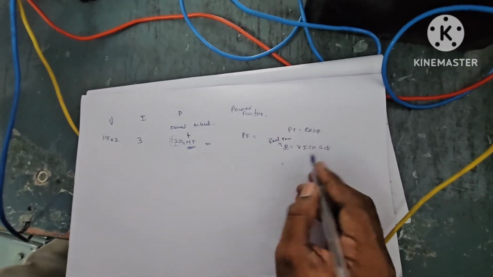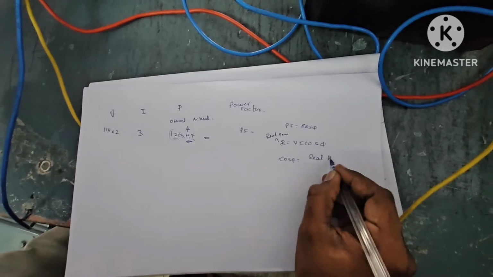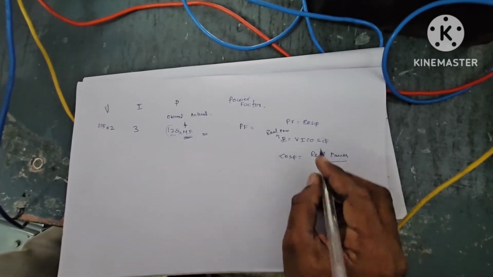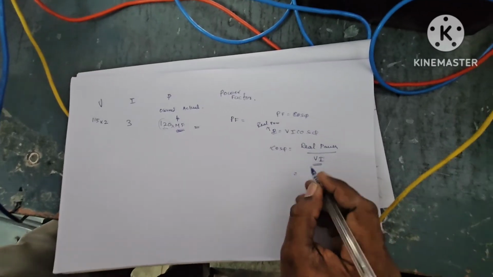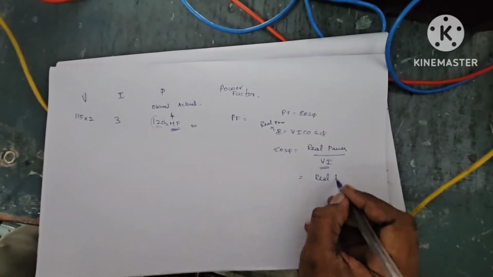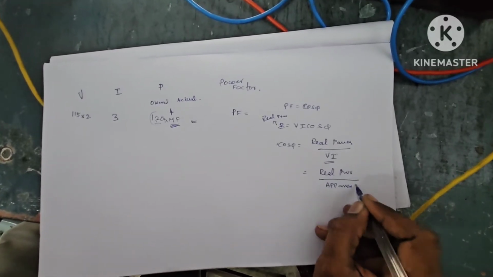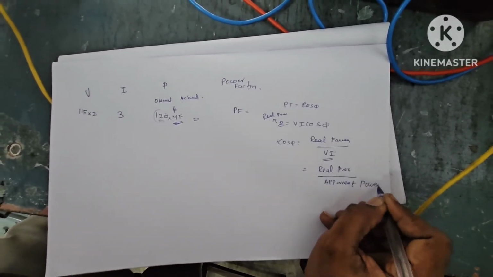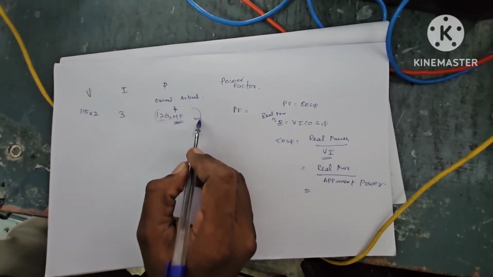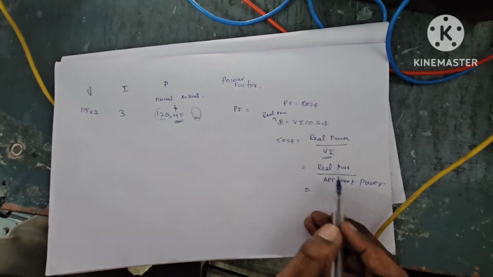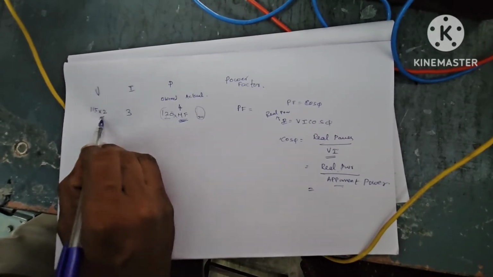Now from this I can say cos phi equals real power, which we already measured, divided by VI, which is nothing but apparent power. So VI is apparent power. Using the formula of real power by apparent power, I can find out the power factor. For real power, you use the actual data you took from the wattmeter. For apparent power, you just multiply the readings measured from the voltmeter and ammeter.